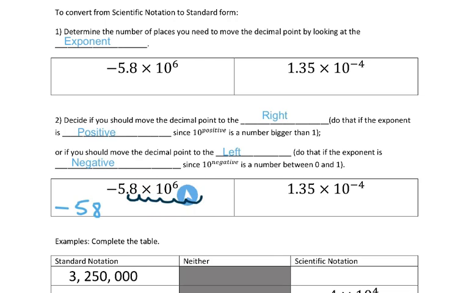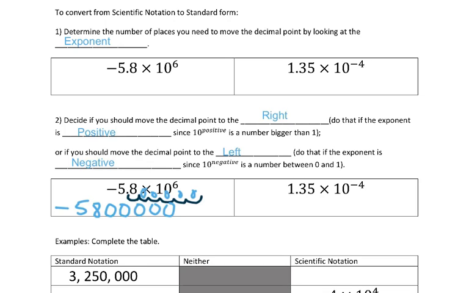All of these are empty loops, so I have to fill in each of those loops with zeros if they're empty. And then when I get to the bottom or back side of my loops, that's where the new decimal point goes. So I have 1, 2, 3, 4, 5 empty loops, so I have to fill in 5 zeros. And then my decimal point's at the end, and I don't really need to write it there.